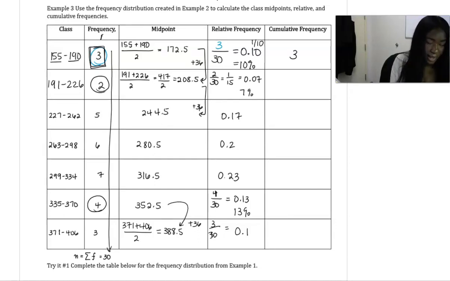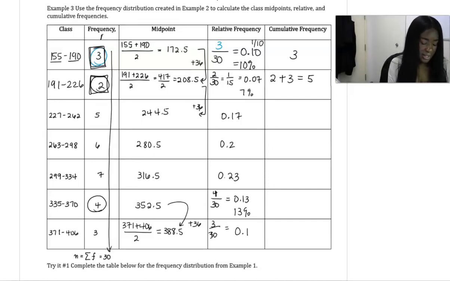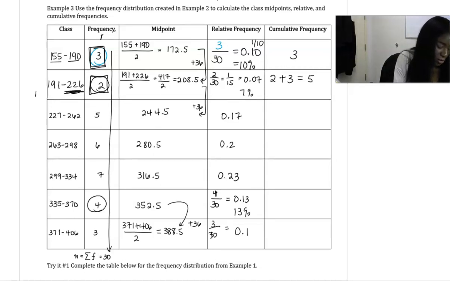But the second class has a frequency of 2. So we'll take 2, but we'll add the previous frequency of 3 to get a cumulative frequency of 5. So what that tells me is that there are 5 adults whose cost is $226 or less, right? Because I'm also including anything that came before that.